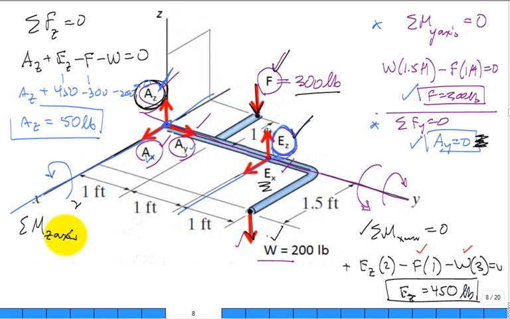So how many people have already done that? Or let me do this. I want you to do the sum of the moments around the Z-axis that goes through point A or through the origin, must be equal to 0, and get me the solution for EX. True? How many people have already done that? All right, since you suggested it, give me the solution.